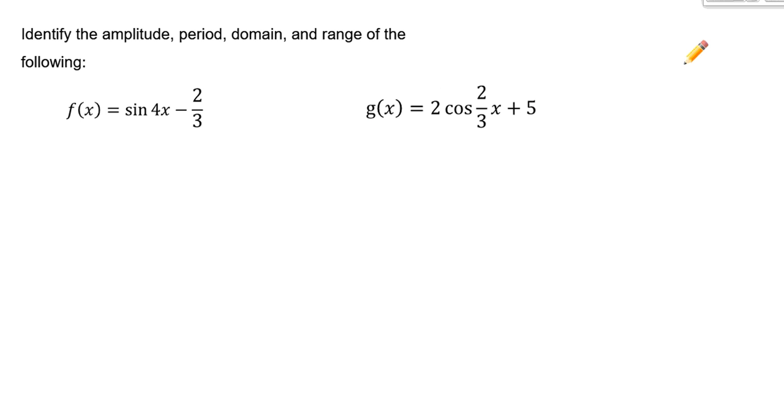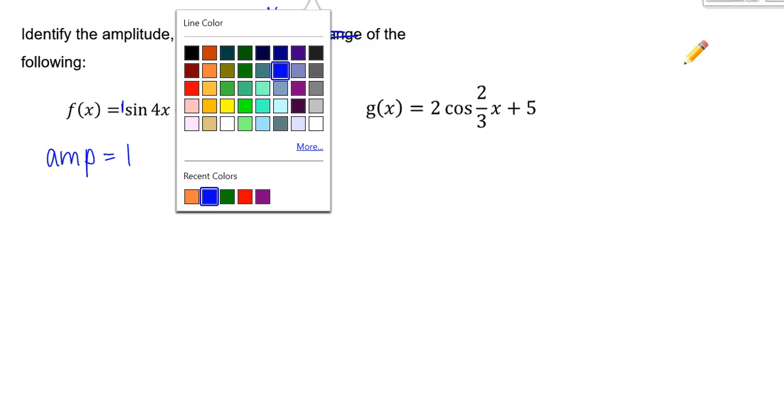Okay, let's look at some more. Identify the amplitude, period. Oh, we're not doing the domain and range yet. We're doing the midline. Okay, identifying our numbers. Let's start with amplitude. There's no number there, so you're going to assume it to be a 1. That means our amplitude's nice and easy. It's a 1.